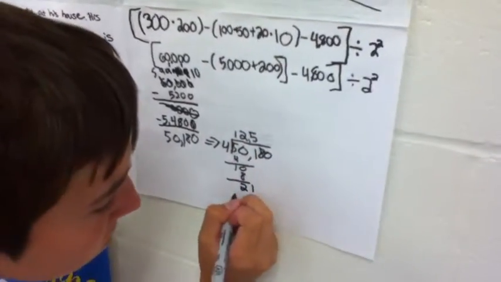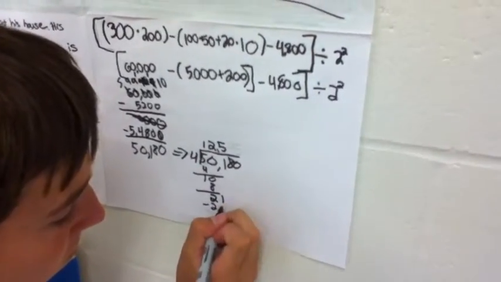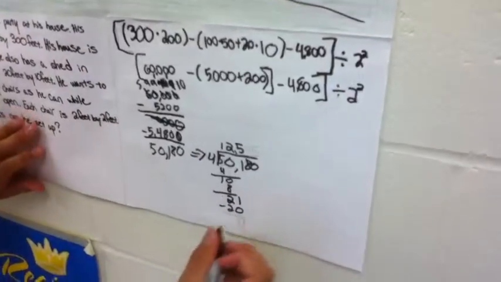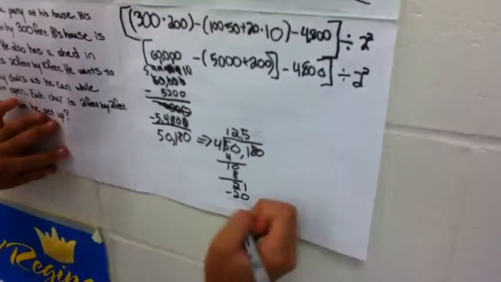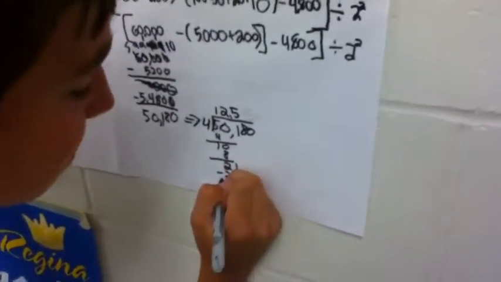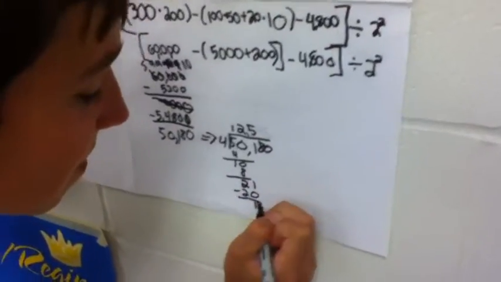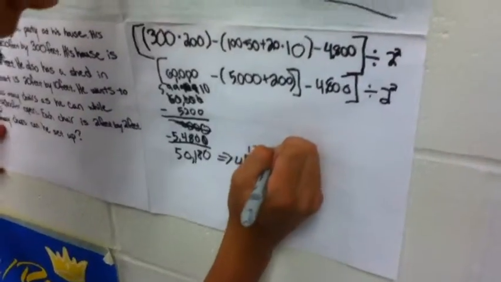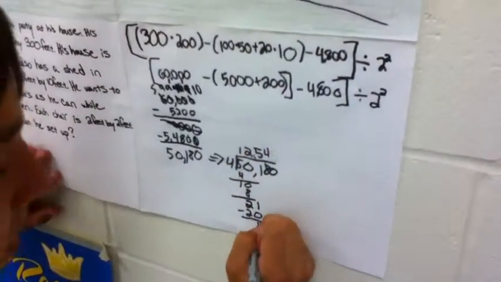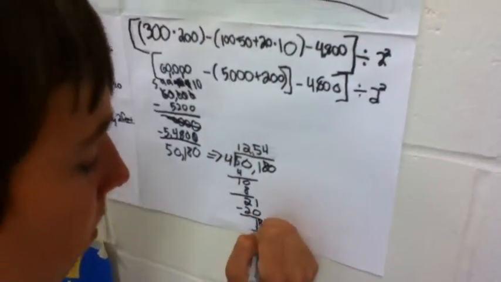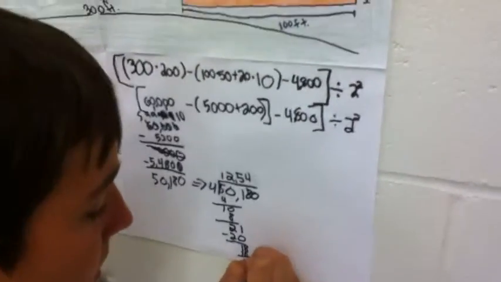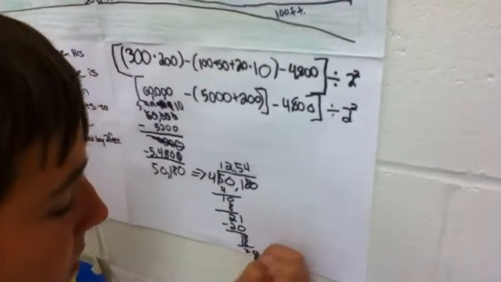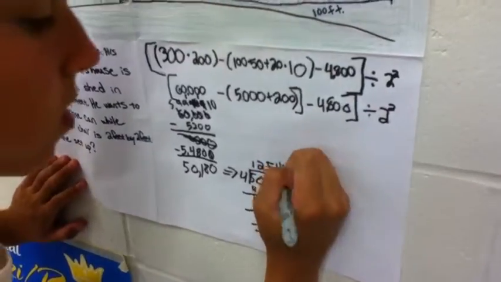And subtract 20 from 21. And you get 1 left. And then you would carry down the 8. And 18 divided by 4 is 4, which is 16. And you get 2 left, and carrying the 0 down, 20 divided by 4 is 5.